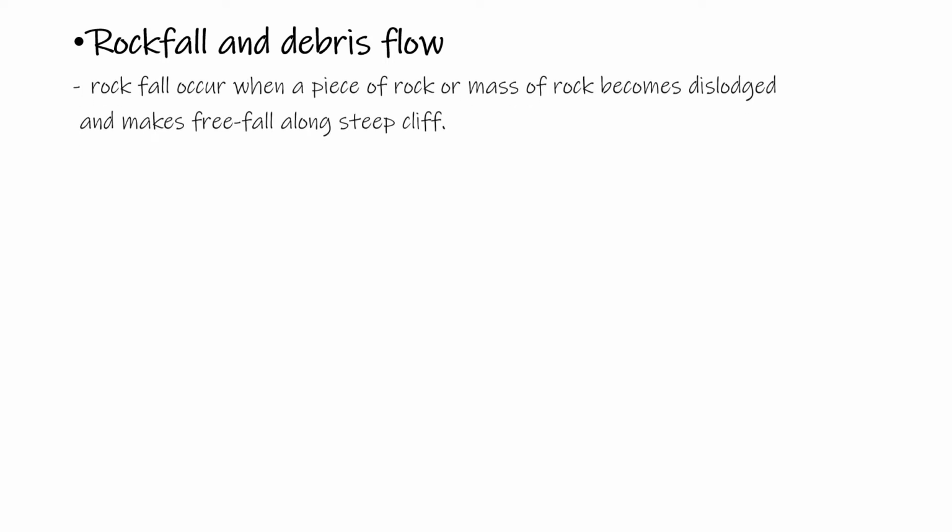Next is rockfall and debris flow. Rockfall occurs when a piece of rock or mass of rock becomes dislodged and makes a free fall along a steep cliff. When we say dislodged, this is the material sticking out of its position, and because of that, it can free fall or bounce. I'm going to share the picture.